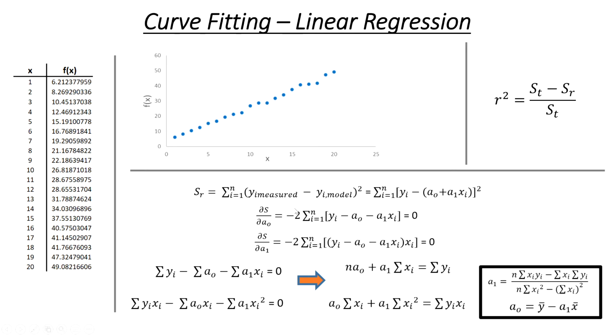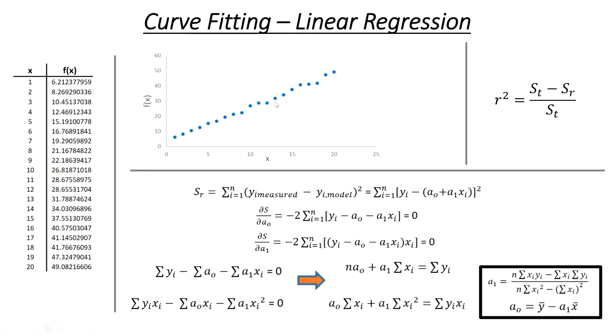A residual is actually very, very simply the distance between the measured y, which is any one of these points here, and also the prediction of the model that you're trying to create. So when we're trying to get the best fit for these data points, we're trying to reduce the distance between the measured y and also the model. So it doesn't come as a surprise that we're trying to reduce the distance between the points and the model.